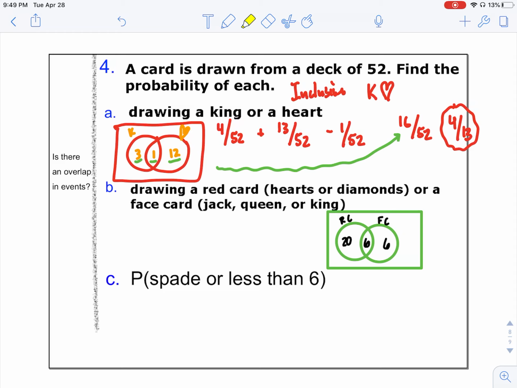If we want to find out either red card or face card, you just add all these up. 20 plus 6 plus 6 is a total of 32 out of 52, which, dividing both by 4, reduces to 8/13. So I personally just like making the Venn diagram, making a picture. It might take a little bit longer, but I think it's easier to just add them all up, and you don't forget to subtract the middle part.